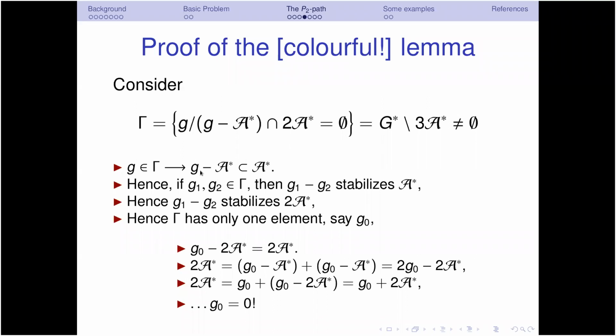To get rid of your minus, you do it twice. Because minus gets you plus, G1 minus G2, if you have 2 elements in gamma, will stabilize A star, so it is 0. If it stabilizes A star, it stabilizes 2A star, and so it is 0. So you discover that there's only one element in your set.